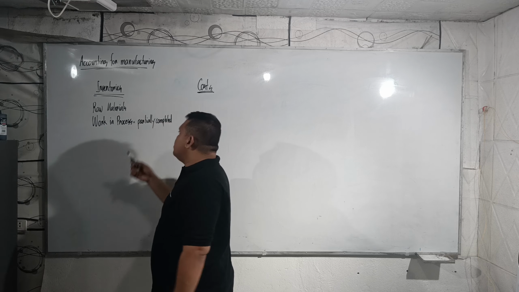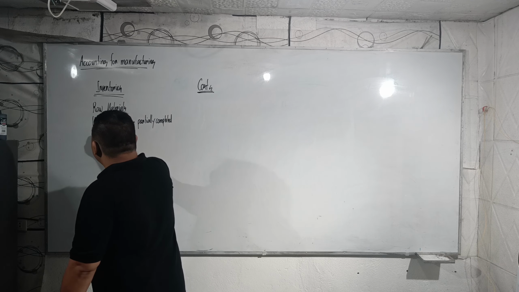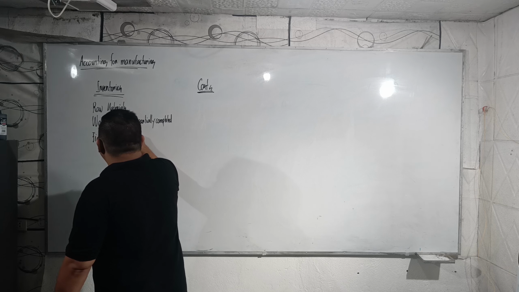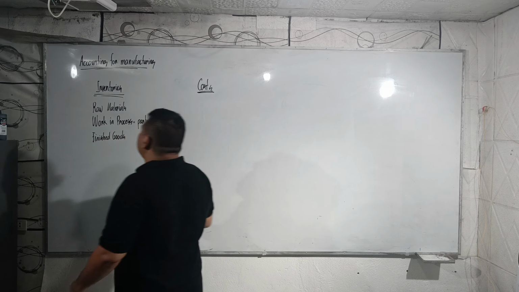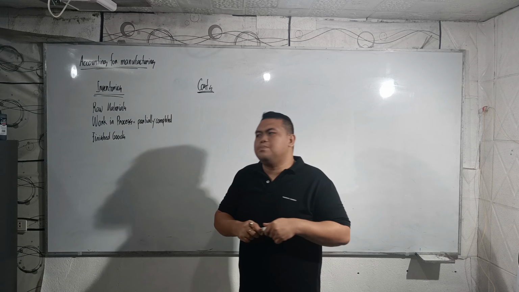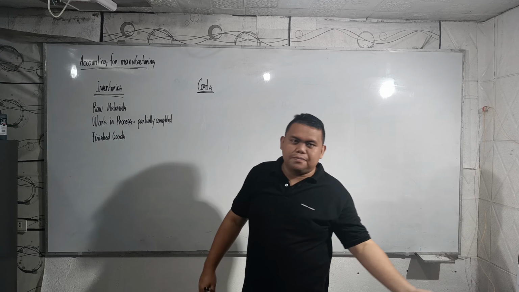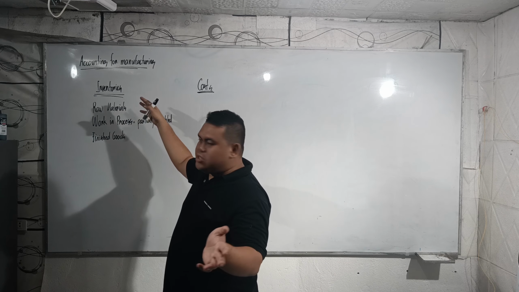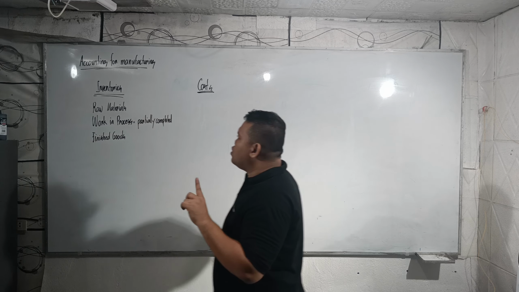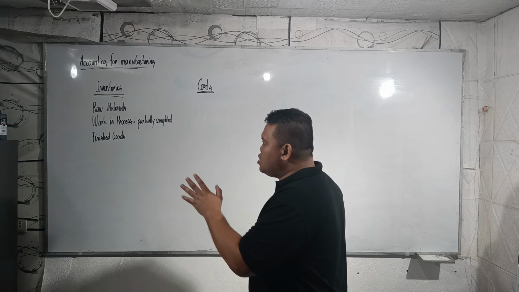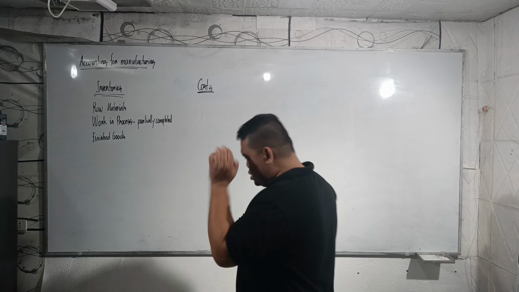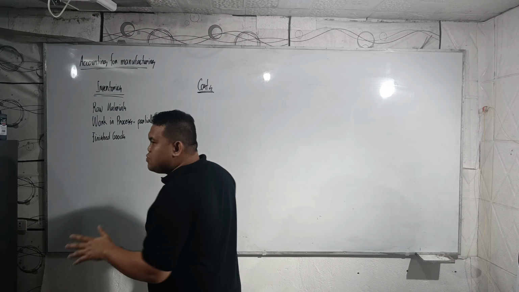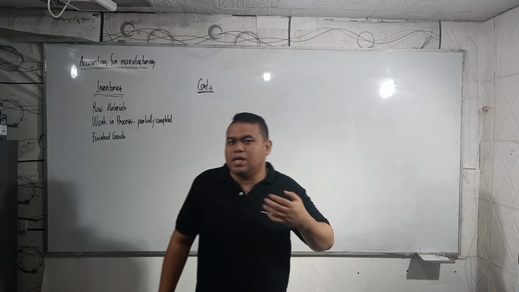Okay? Now, we have the last one, finished goods. And these finished goods are actually 100% complete goods waiting for sale. Actually, it's as if it's stages. Like for example, when we talk about raw materials, that's stage 1, work in process, stage 2, stage 3 is finished goods, and stage 4 is actually selling them.